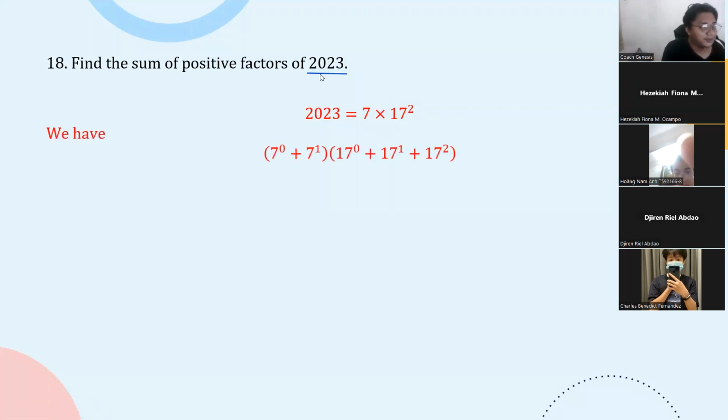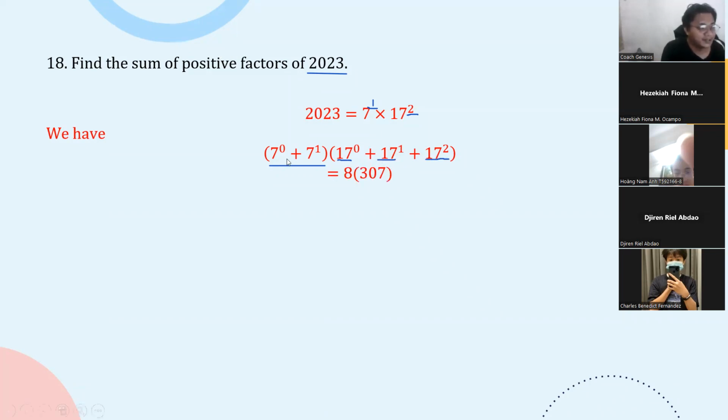So what we'll just do, we get the prime, we add the powers of the prime factors from 0 until the value here. As you can see, we have 7 raised to 1. So we start with 7 raised to 0 plus 7 raised to 1. So that is the first value. Next, we have 17 squared. So you start with 17 raised to 0 plus 17 raised to 1 plus 17 raised to 2. And then you just simplify.